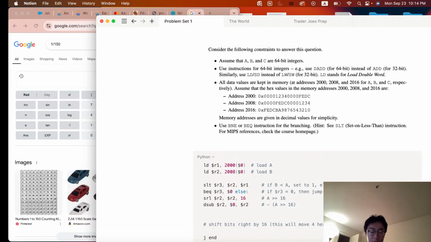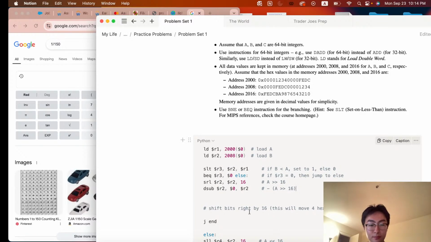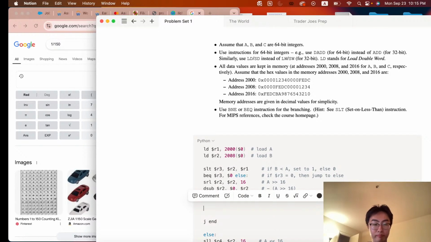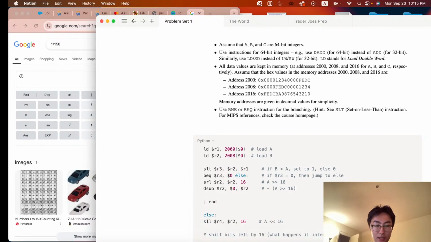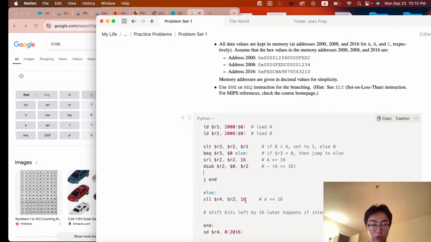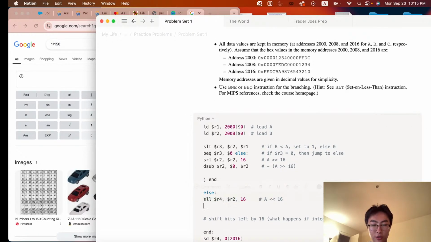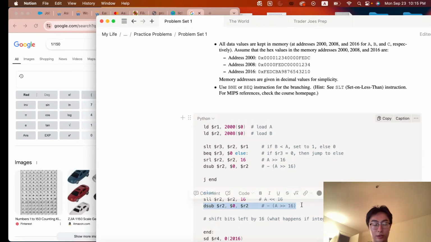It's good. So we just jump to the end, or we just shift left logical, and then what we'll do then is we can just change R2, I think, right? Yeah. And we don't need to actually do this.